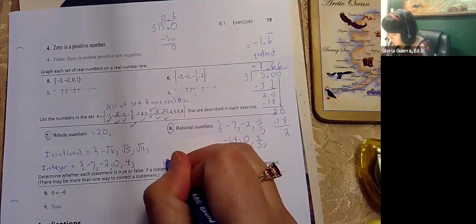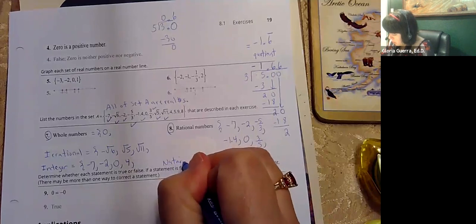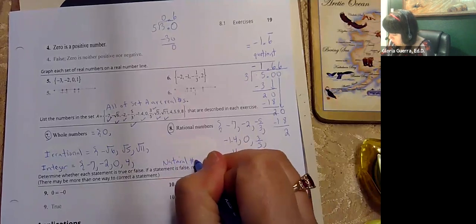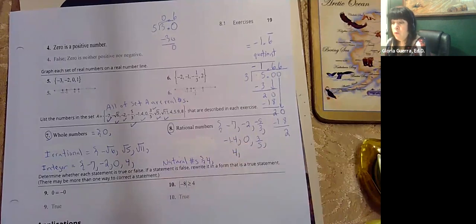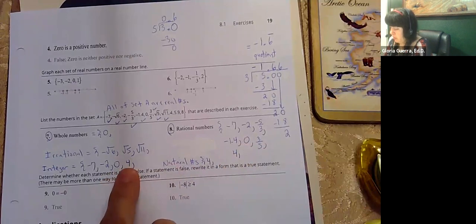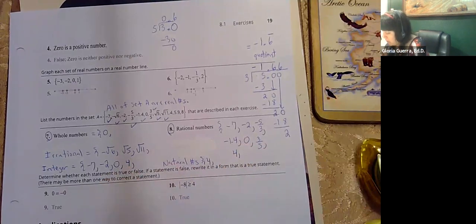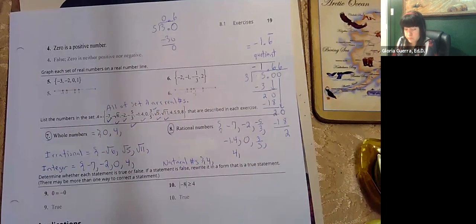Let me put this here, natural numbers, because we didn't have any. Four is an integer, I already have it there. And then the whole number. It's also a whole number. I think we covered all our bases there.